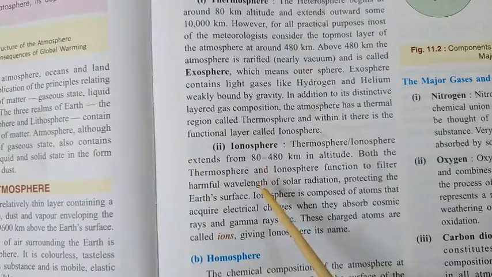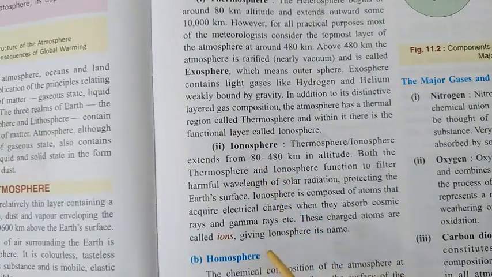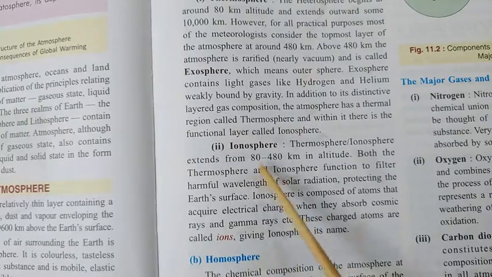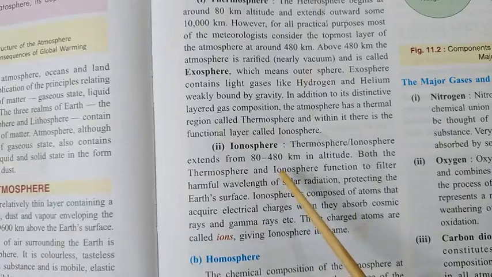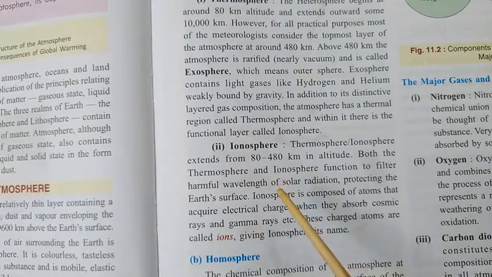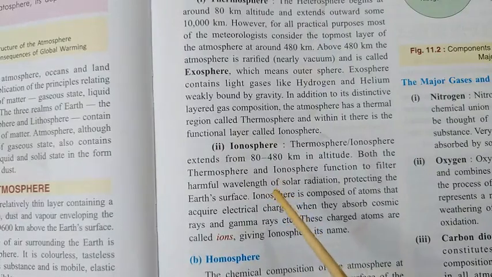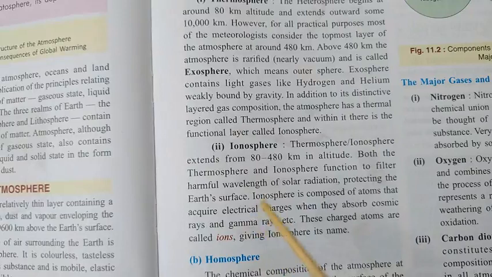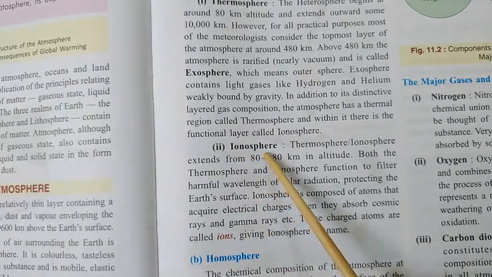This ionosphere also acts as a reflector to the radio signals. Because of this ionosphere, from India we can catch the radio signal from Britain, the BBC. Why? Once a radio signal is transmitted, the ionosphere reflects it back to the earth again and again.